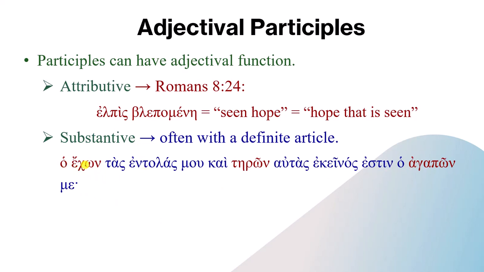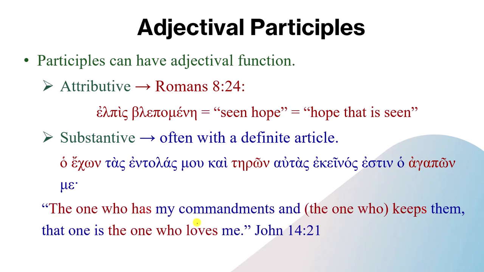So the one who has my commandments, and the one who keeps them, that one is the one who loves me. So 3 examples in one verse of substantive participles.